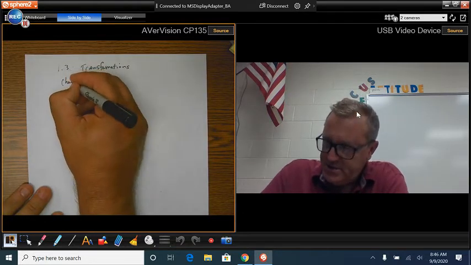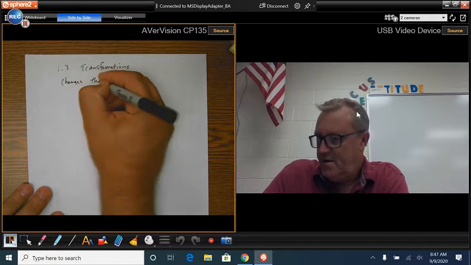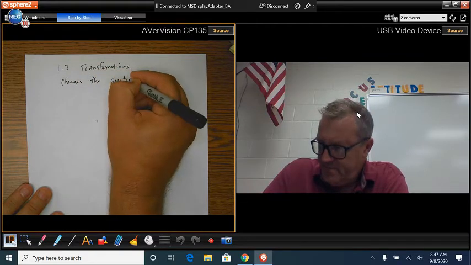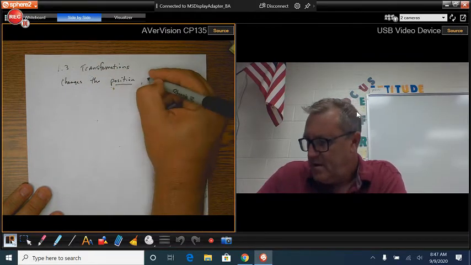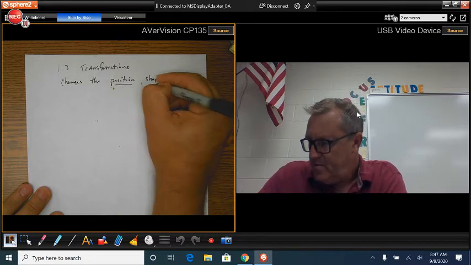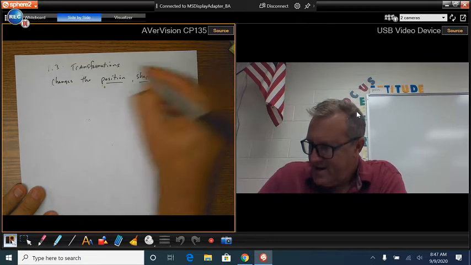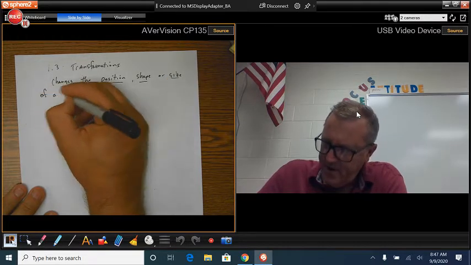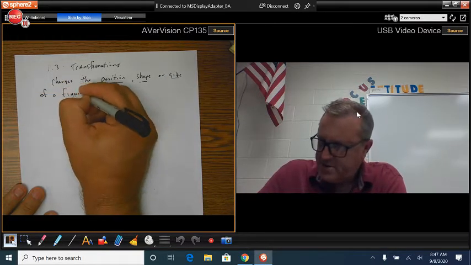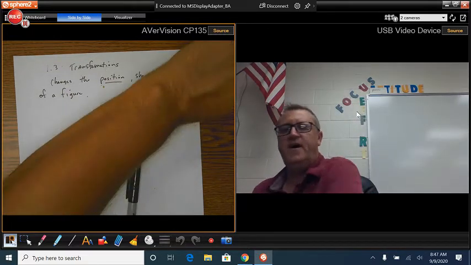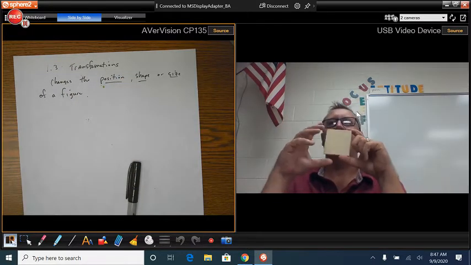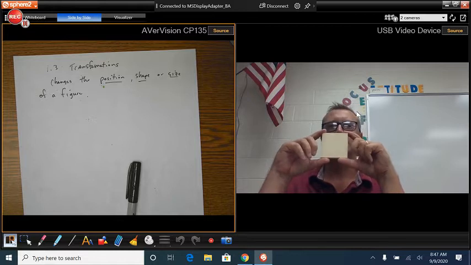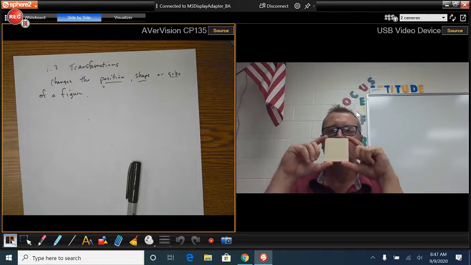It changes the position, the shape, or size of a figure.